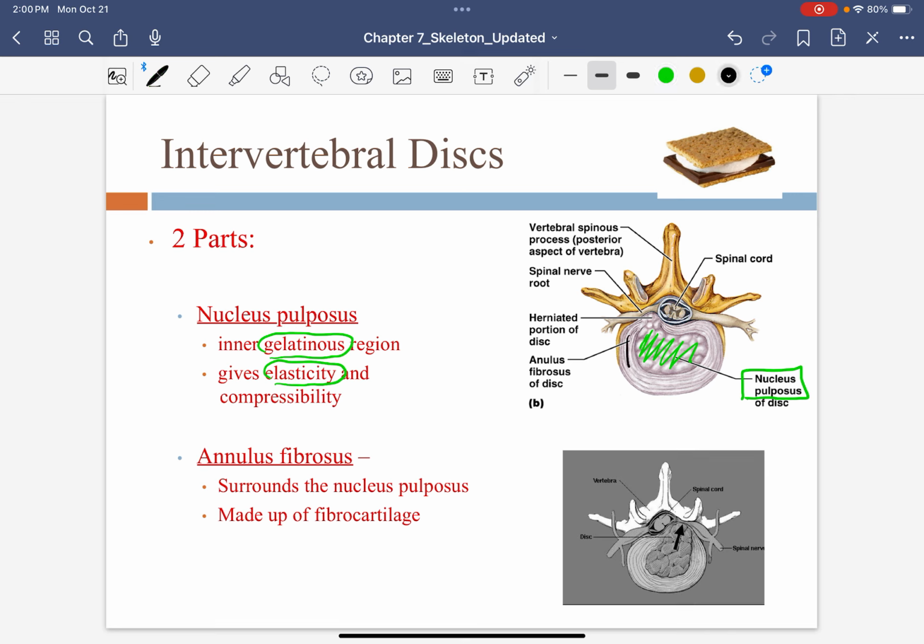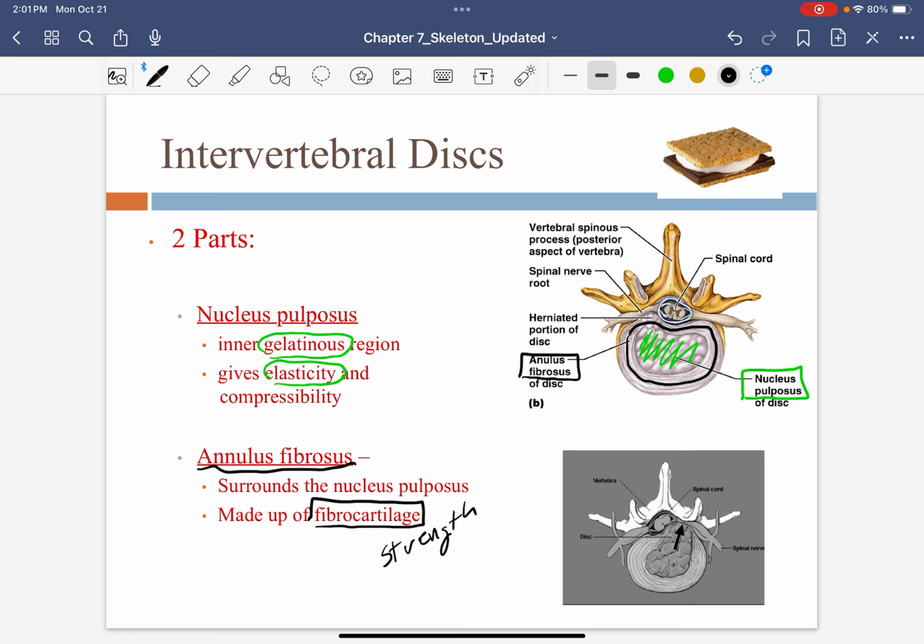The outer rings are called the annulus fibrosus, and these are made up of fibrocartilage. This is really what gives us strength. We know fibrocartilage is the thickest, toughest cartilage, so we use that to give us strength with a little bit of flexibility in the middle. The annulus fibrosus is many, many bands of fibrocartilage.